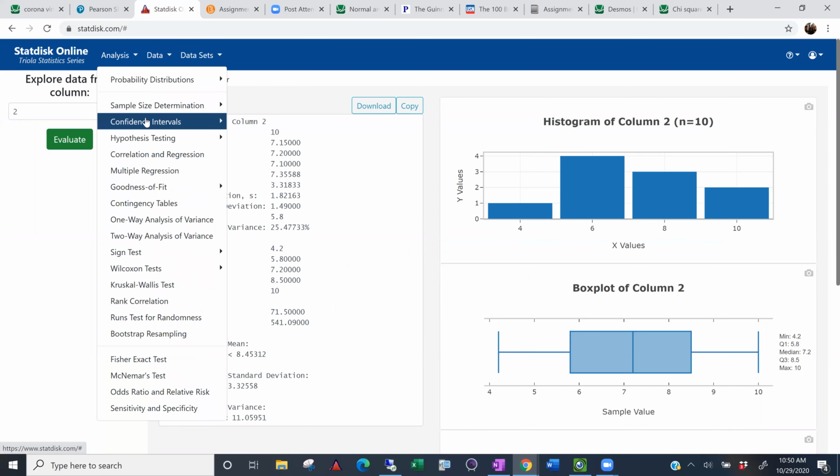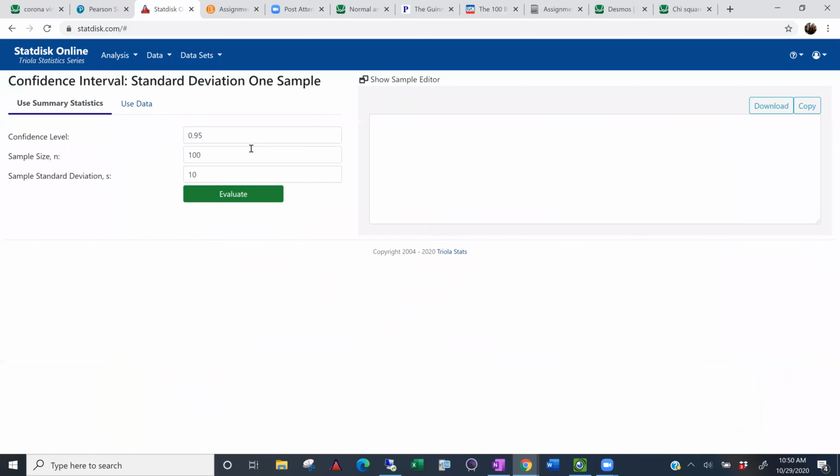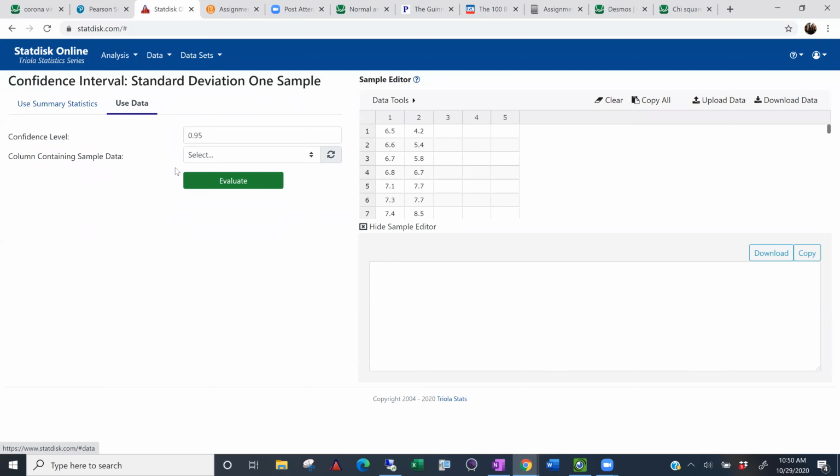So we'll go to analysis, confidence intervals, standard deviation 1 sample. I want to use data. I'll select my first column and evaluate. So for bank A, our confidence interval is between 0.33 and 0.87.